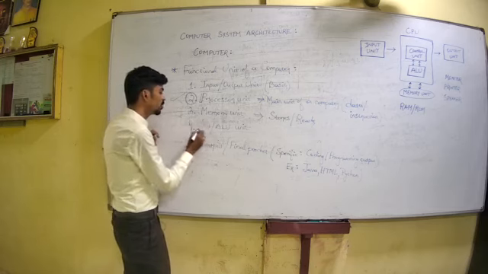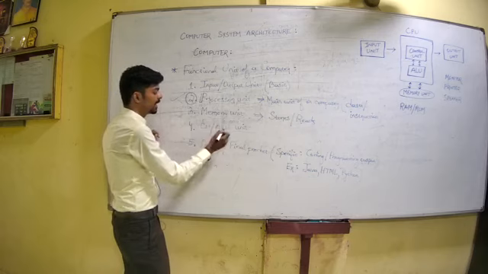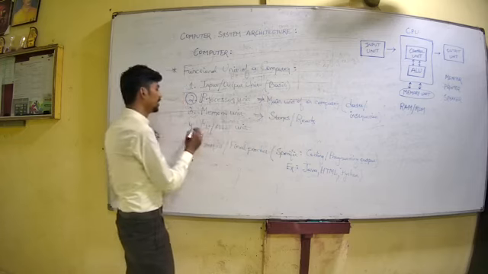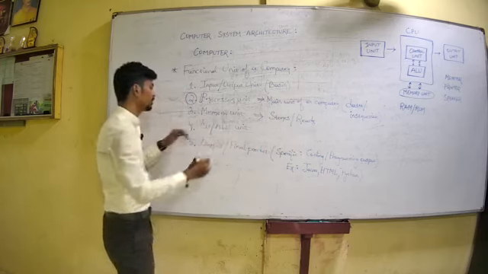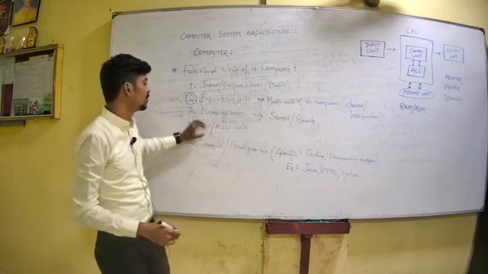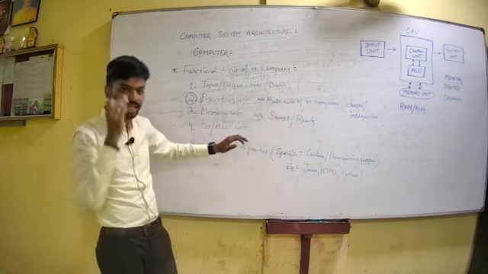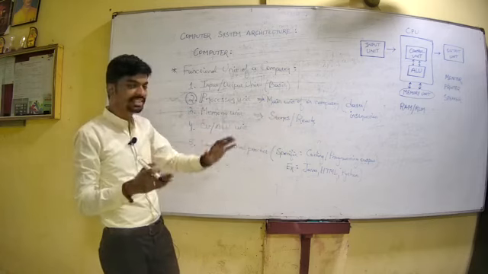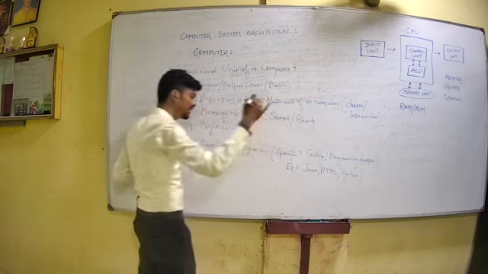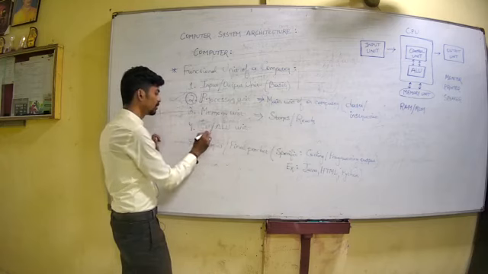CU means control unit, and the other part is the ALU, the arithmetic logic unit. In this unit, the control unit controls the whole process, whether the data is mathematical data or basic data. If the data or instruction is basic, then the control unit does the whole work.